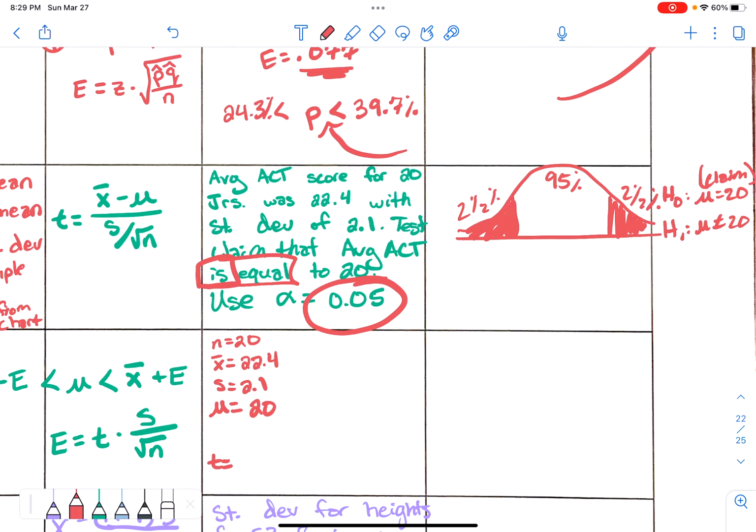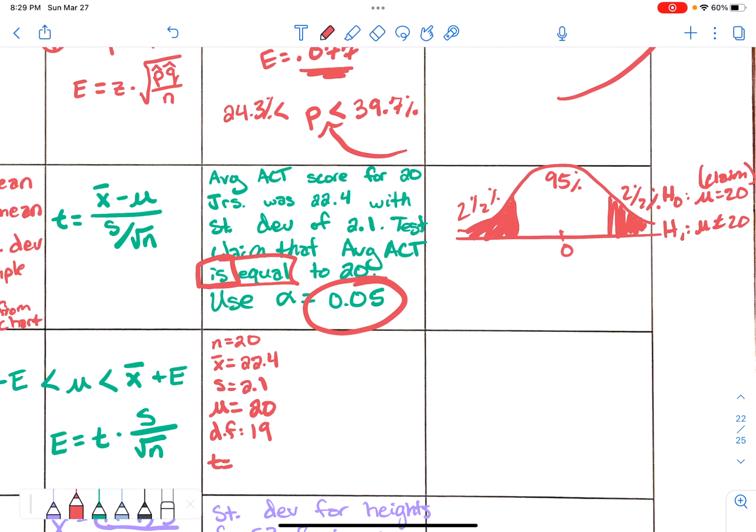So, to do the critical value method, these are going to be all my Z-scores. 0, again, lives in the middle. I'm going to go to the T chart, and I'm going to look up, maybe something else I need to list, degrees of freedom will be 19 degrees of freedom.